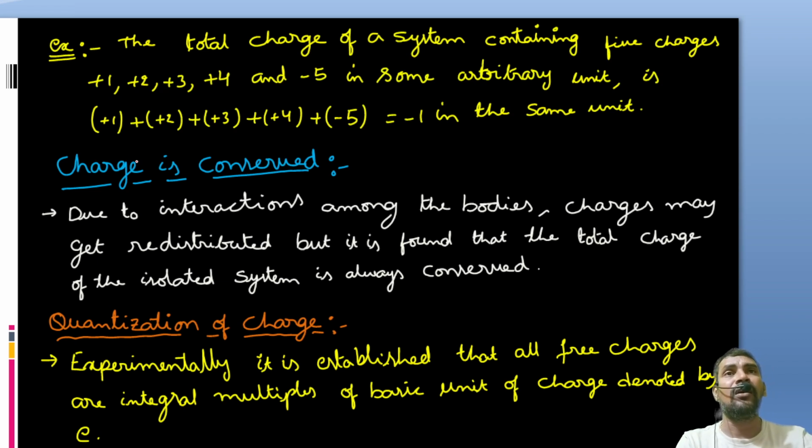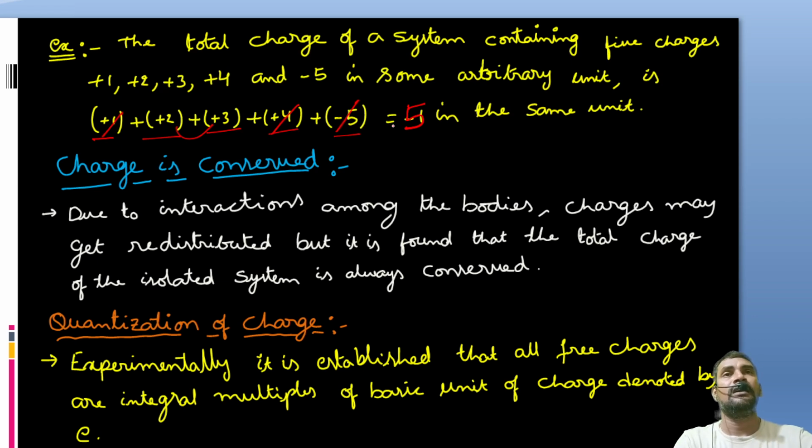So if I add plus 1, plus 2, plus 3, plus 4 and minus 5, I'll get 5 as the total charge. See, the 4 and 1 will cancel, 3 plus 2 is 5. So the total charge of this system is 5 coulombs, if I am taking all the units as coulombs.